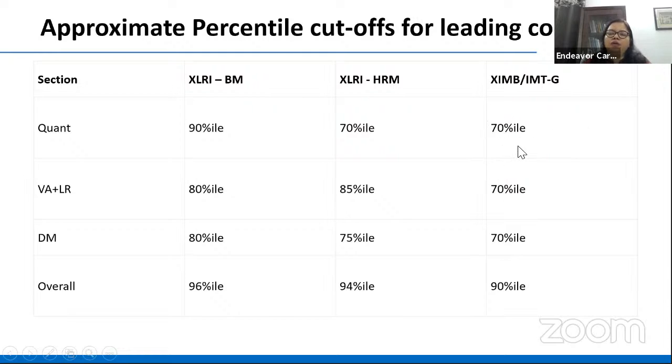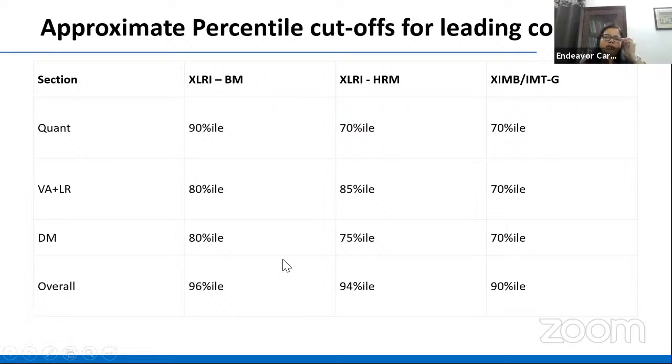All of your other Cloud 2 colleges will expect a sectional cutoff of 70 percentile, whereas XLRI will demand a sectional cutoff of 80 and 90 in quant for BM. Please keep this in mind. 85 in verbal for HRM, whereas 70 and 75 in DM and quant will do.